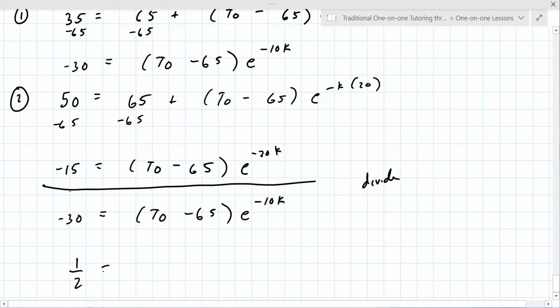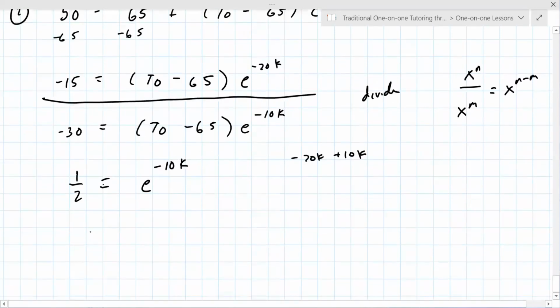That just happened to be the case here. You might get a fourth, a third, a tenth, 2/5, who knows? But on the right, these cancel. And because you have the same base, you subtract. So it's minus 20k minus minus 10k. Wouldn't it be plus 10? Plus 10k, yes. And now you solve for k.